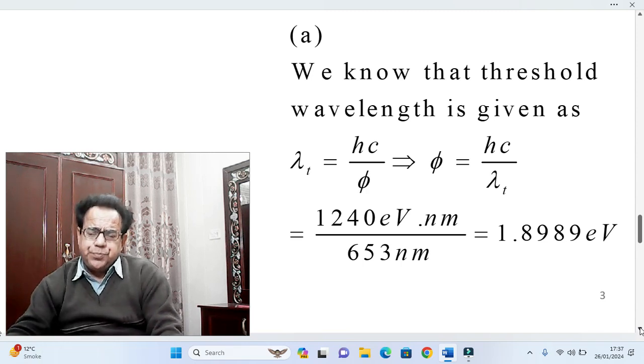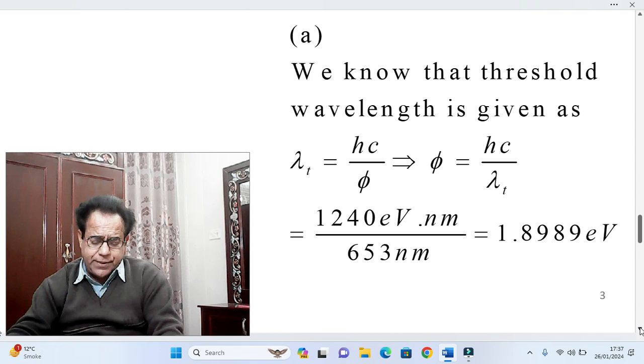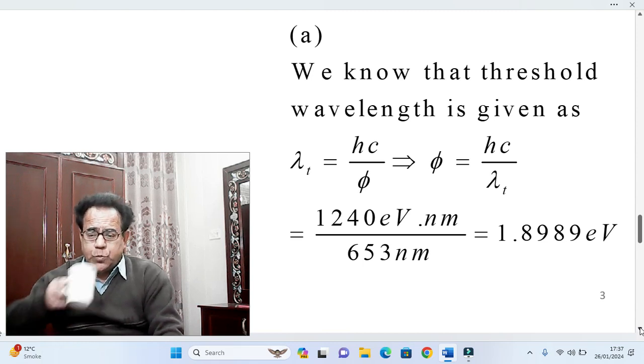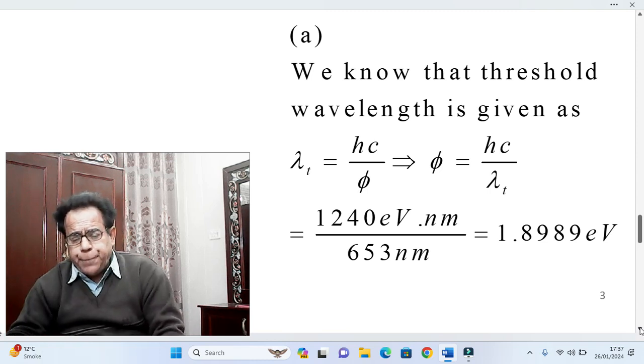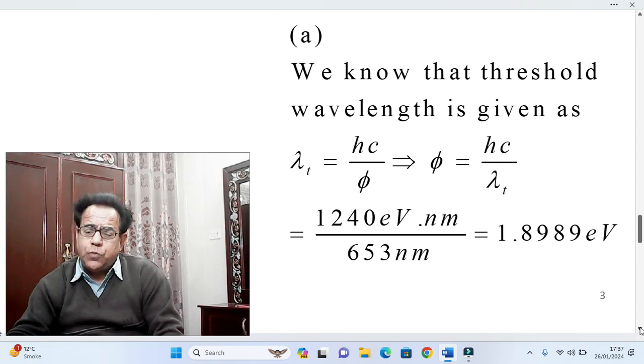Dear students, in our first snapshot in which various physical constants have been given, separate values of Planck's constant h and speed of light c are given, and the combined value of hc is also given.